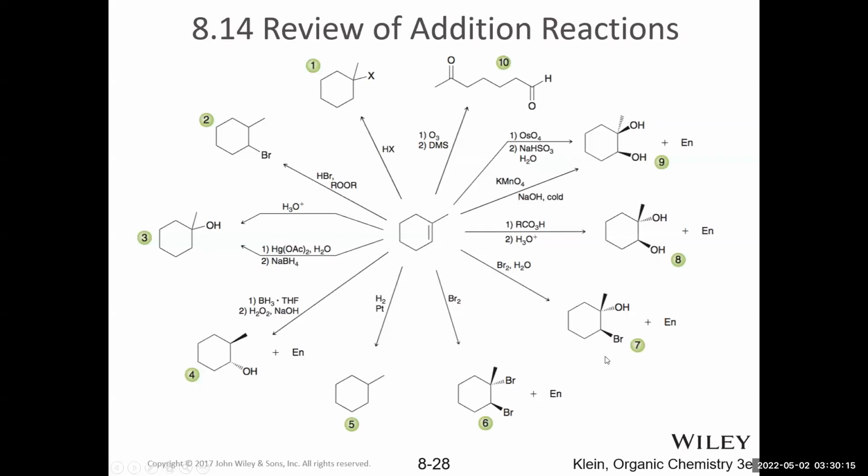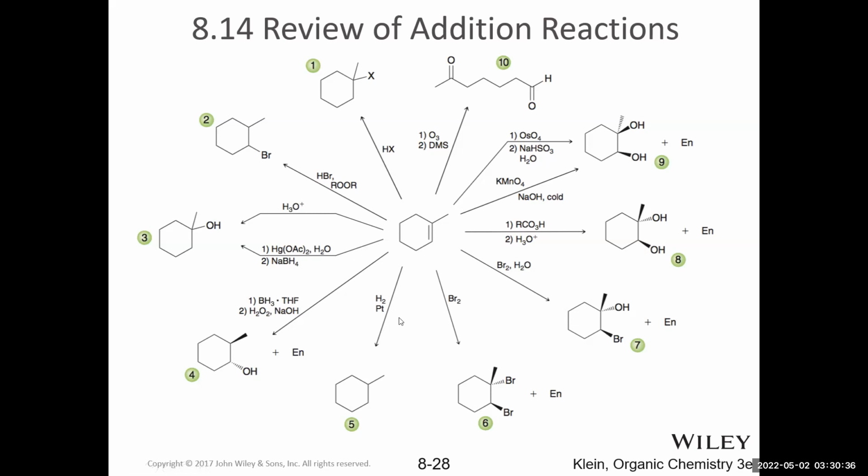All right, so the last slide is just a summary slide of all of the different reactions that were covered in this chapter. Recall we're doing alkene addition reactions. We're adding different groups across the double bond. So you want to think about when you're looking at these reagents, what's getting added across the double bond?